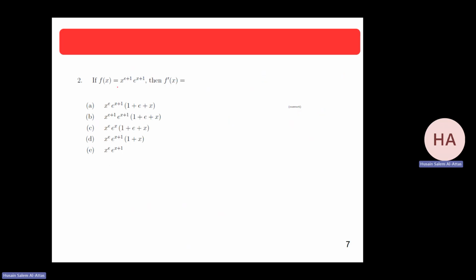Okay, now I have a product of two functions. This is the first, this is the second. So what is f prime? Derivative of this. I have x to the power of a number. So that will be what? The number times x to the power e plus 1 minus 1. I'm doing it in detail. This is just the derivative of the first times the second, which is e to the power x plus 1, plus the first times the derivative of the second.